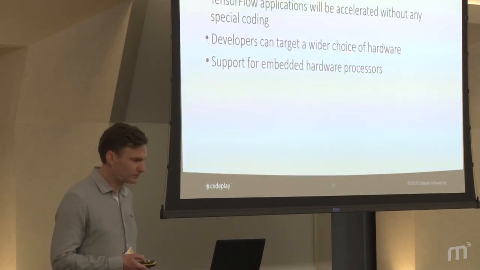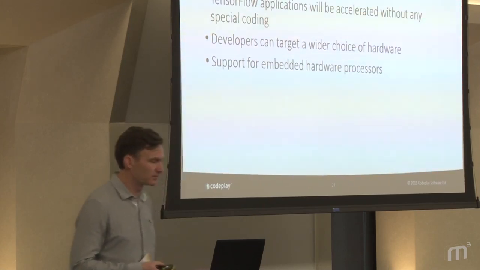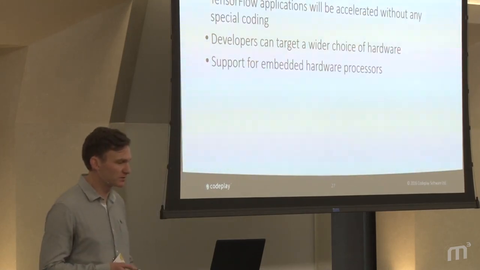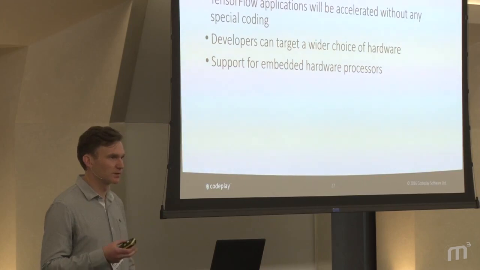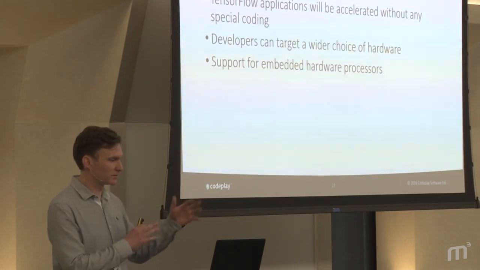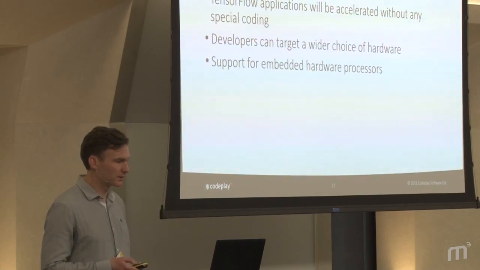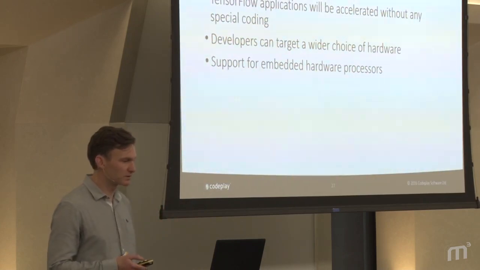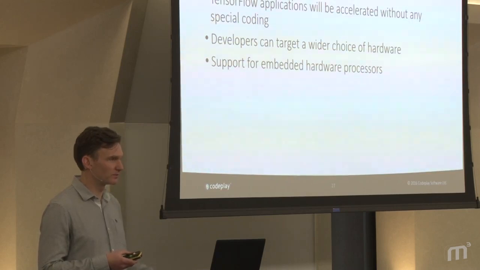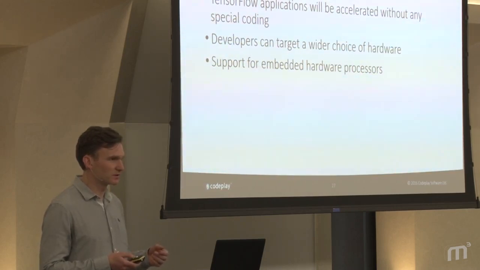So that goes on to benefits for, I guess, some of you as developers. Although I've explained in a fair bit of detail how the layers fit together and some of the more mechanical aspects, what it means for you is that you can run your TensorFlow applications accelerated without actually thinking about what the hardware is underneath.